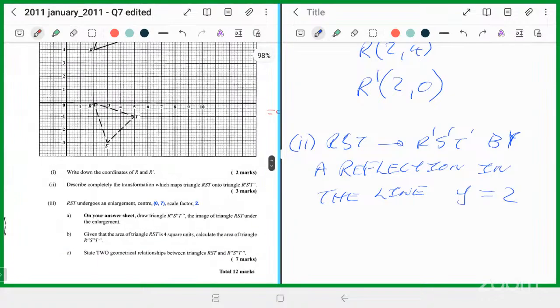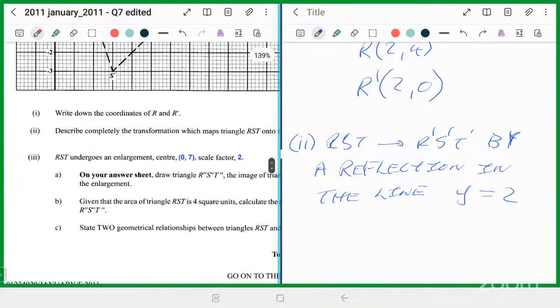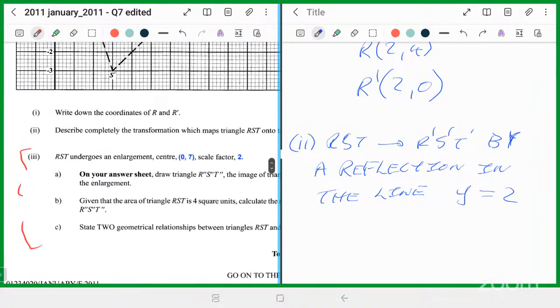Next part says RST undergoes an enlargement, center point 7, scale factor of 2.